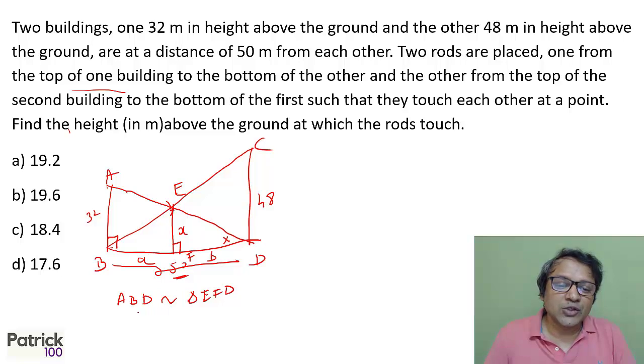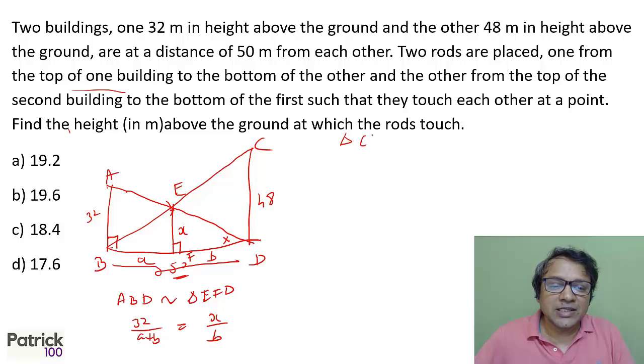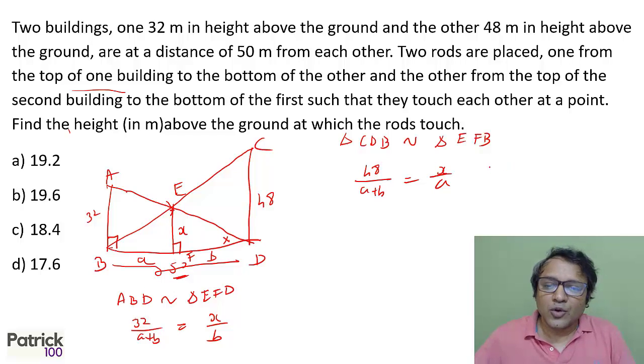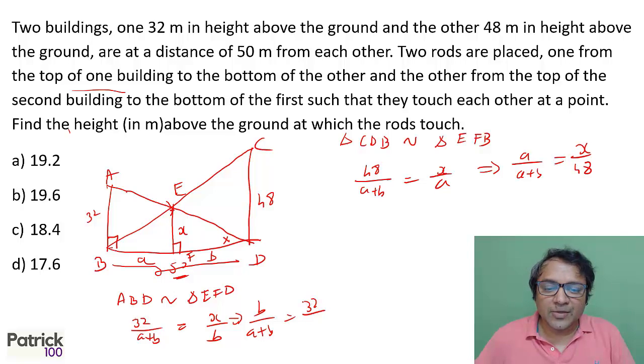You can make out that 32 upon A plus B is equal to X upon B. Similarly, if you use triangle CDB is similar to triangle EFB, you will get 48 upon A plus B is equal to X upon A. You can write this as A upon A plus B is X upon 48. Similarly, you can write this as B upon A plus B is X upon 32.